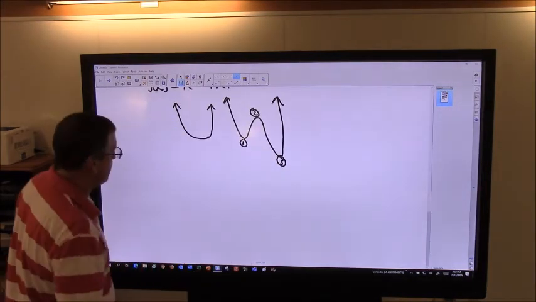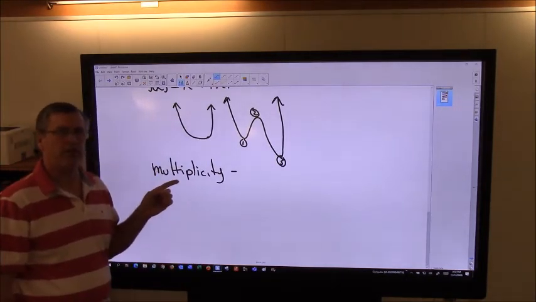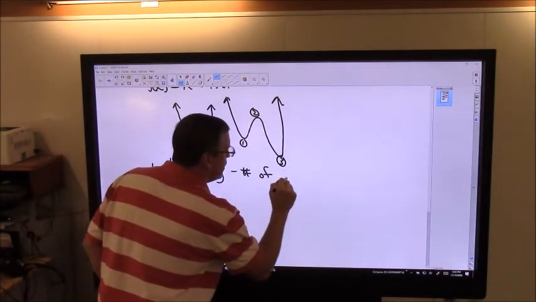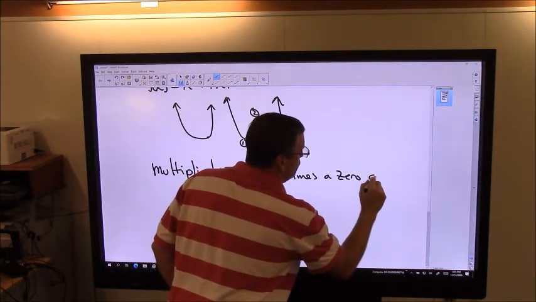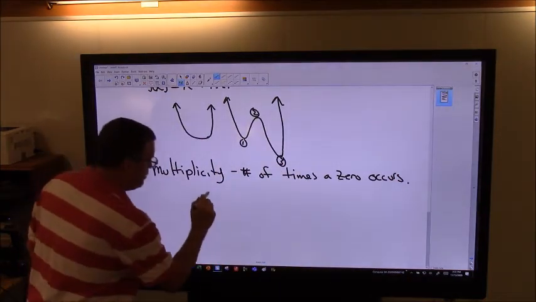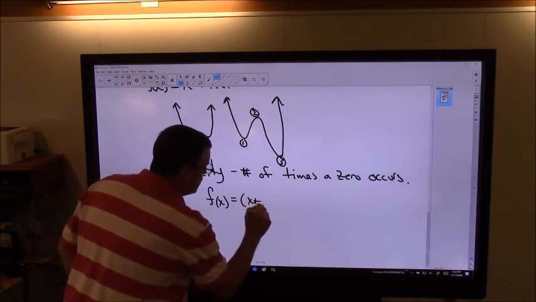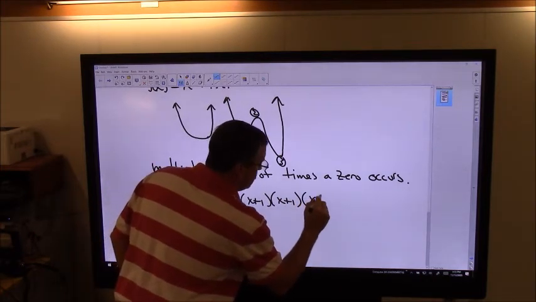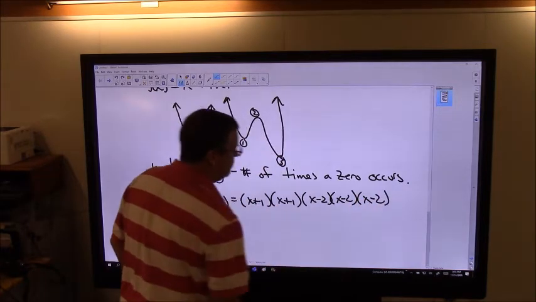One more thing we want to talk about: multiplicity. This is the number of times that a 0 occurs. So for example, let's say I had f of x equals x plus 1 times x plus 1 times x minus 2 times x minus 2 times x minus 2.